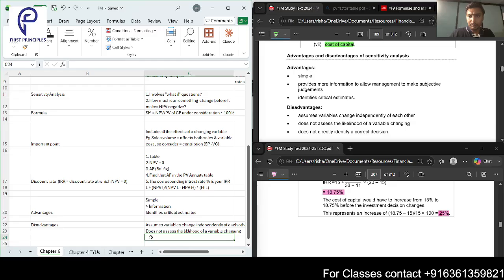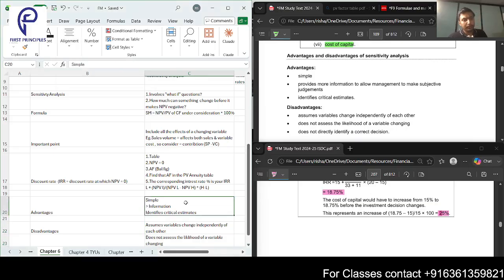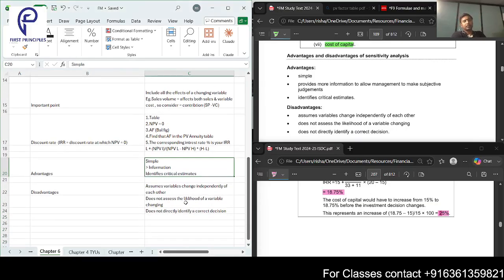And next, it does not directly identify a correct decision. So it assumes the variables change independently of each other, it does not assess the likelihood of a variable changing, and it does not directly identify a correct decision.